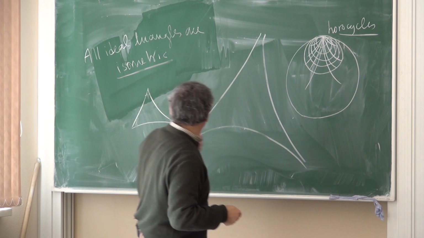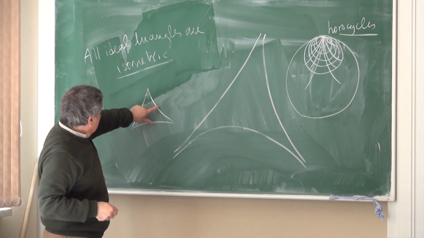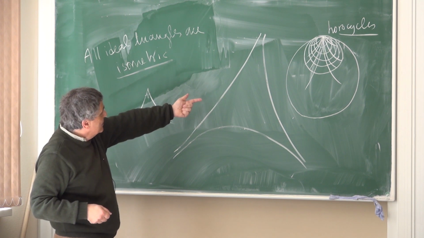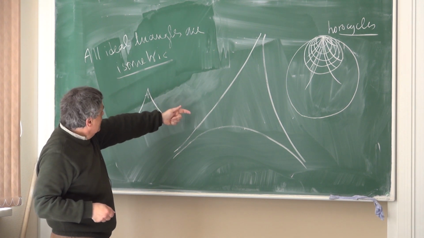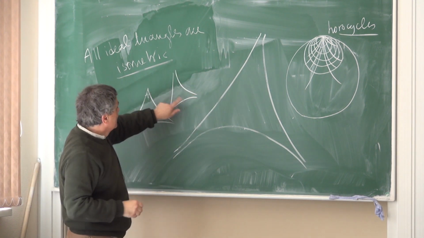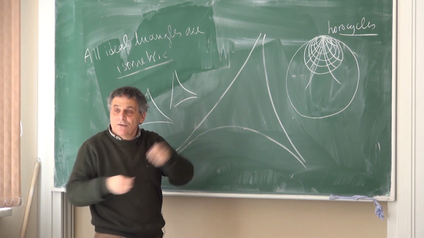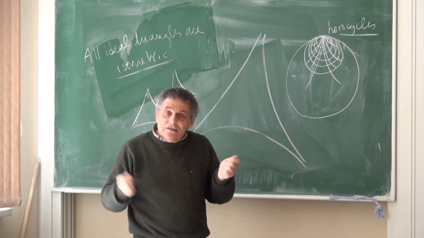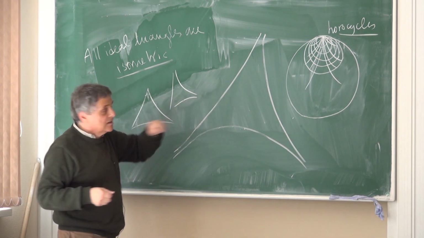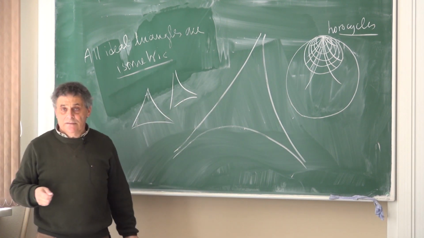It's in all his books. If you have two ideal triangles, the three sides are isometric, since they are all infinite, so they determine the triangle completely. So the two ideal triangles are isometric.